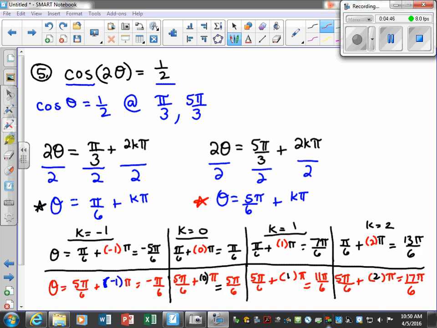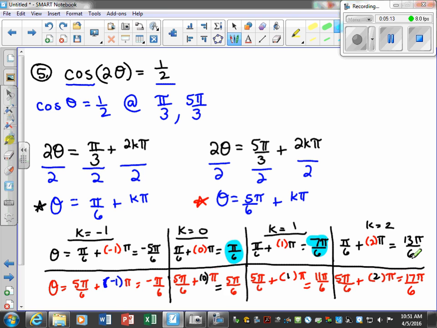Now we have to choose the ones that are in our region, because cosine is defined from 0 to 2 pi. We want to choose those values. So let me use a different color. What about this negative value? No. Pi over 6? Yes. 7 pi over 6? Yes. 13 pi over 6 is easy to see because it's already 2 pi plus something, so this one doesn't count.